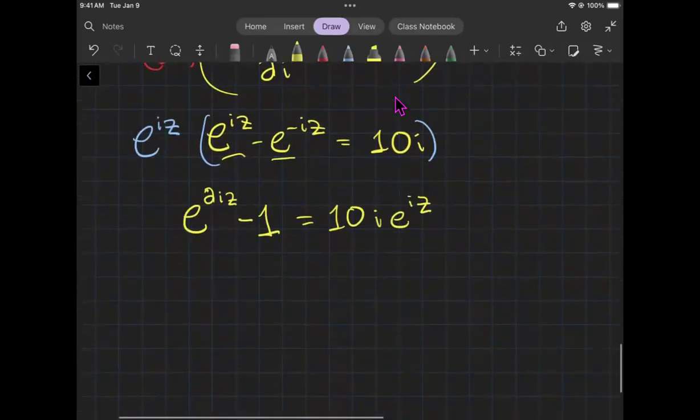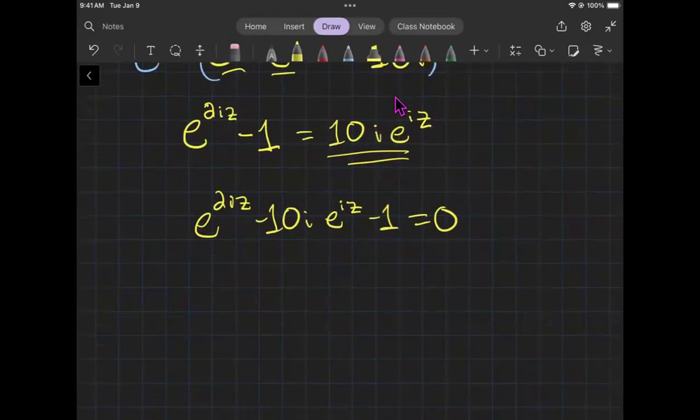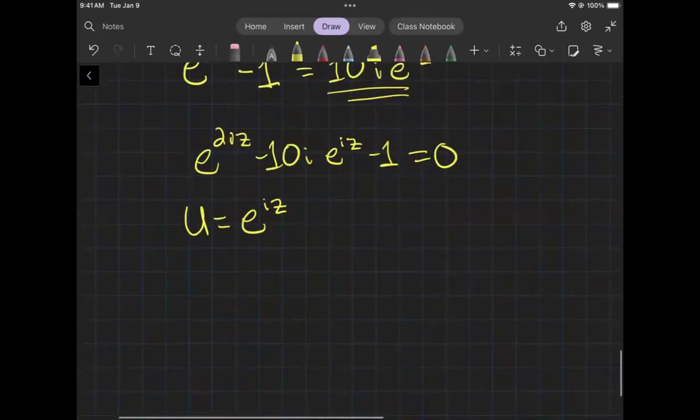So if we move this quantity to the other side, we'll have e to the 2iz minus 10i times e to the iz minus 1 equals 0, right? If we apply the substitution u is e to the iz, we'll have this quadratic equation in u.